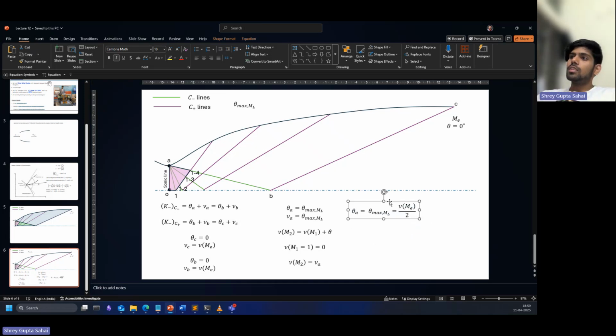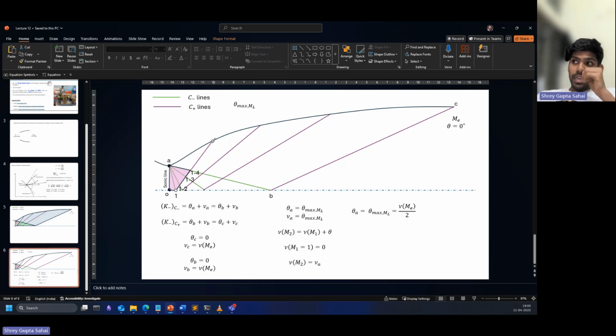Now think about it. This point is the wall point. We are saying that once the flow has been expanded by all the C minus waves, it will get reflected. It is going to expand by the reflected wave, so we have a slope for this wave also.